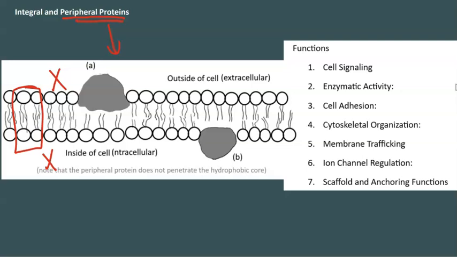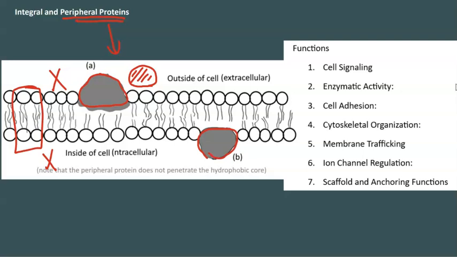Many diagrams show peripheral proteins as sitting above the phosphate heads, and that's quite reasonable. But it is also equally reasonable to show that the peripheral proteins are interacting, albeit loosely, with the phosphates in these locations here.